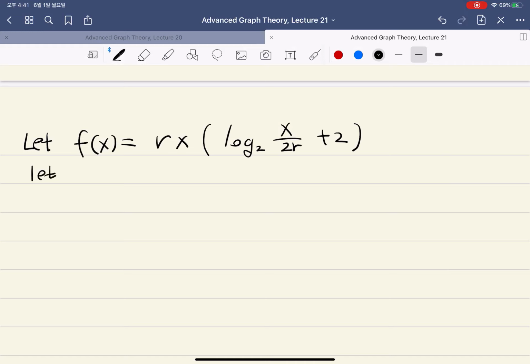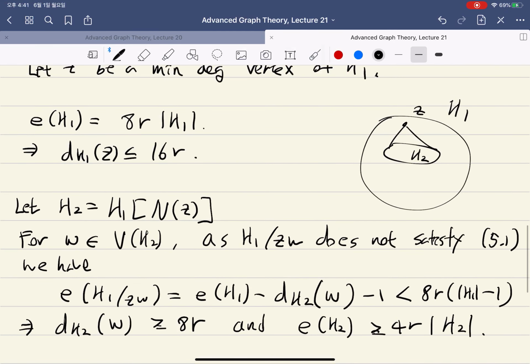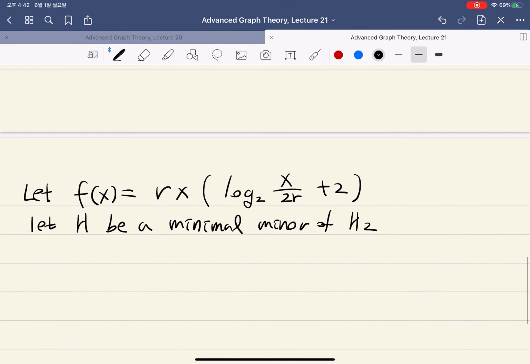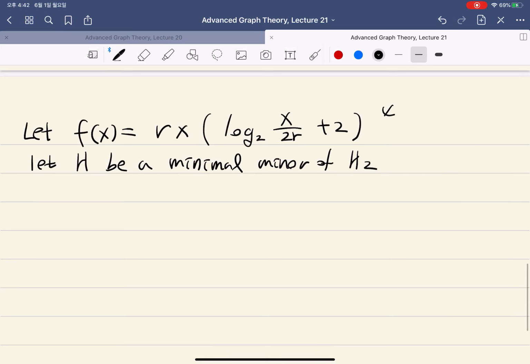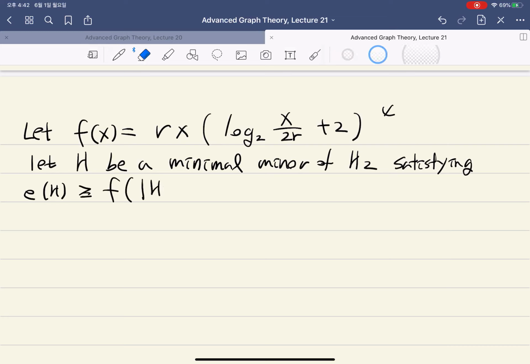And let h be a minimal minor of H2. So H2 itself is actually a bit shy of having the property that we want. So we introduce this function, and then we take h as a minimal minor of H2, satisfying E of h is at least f of the order of h.